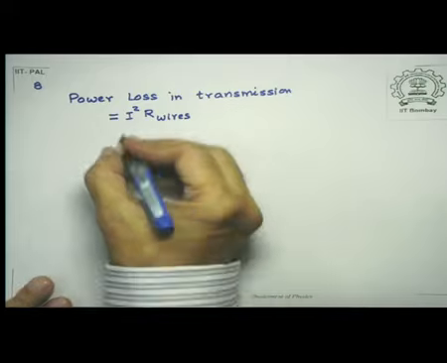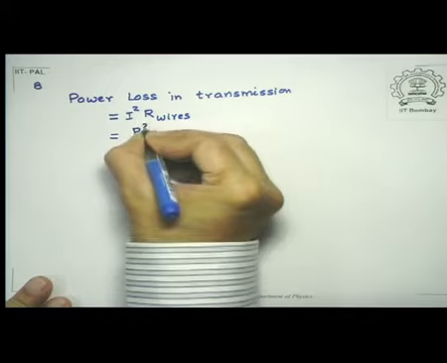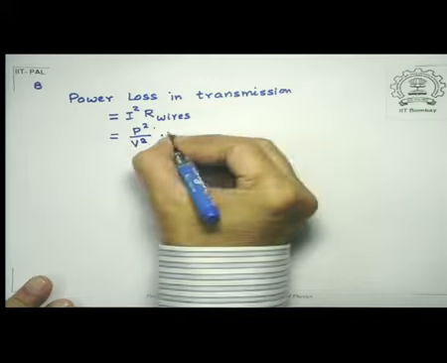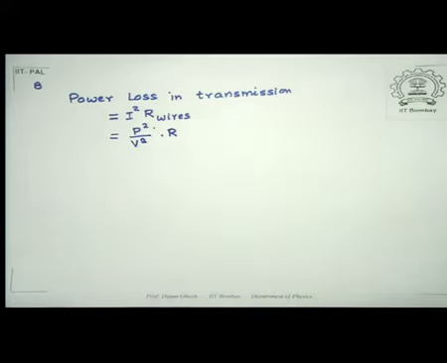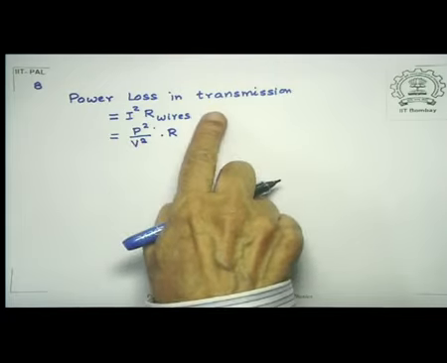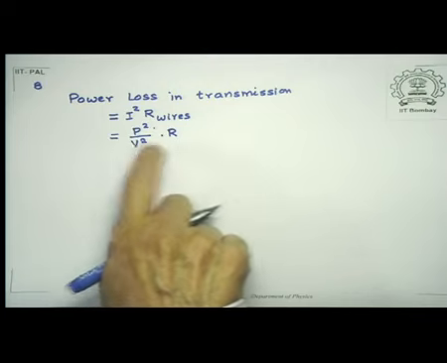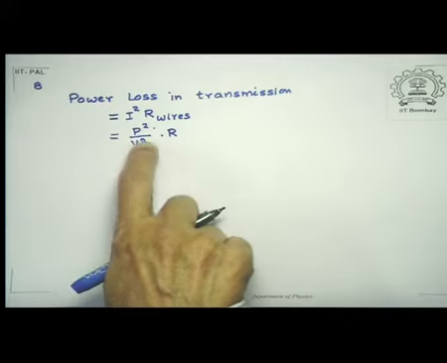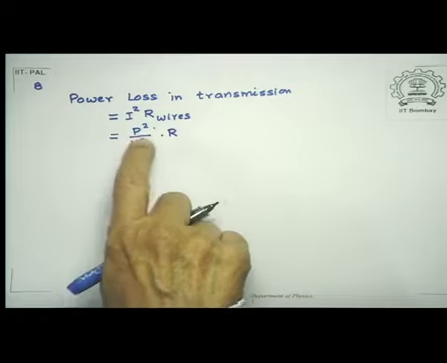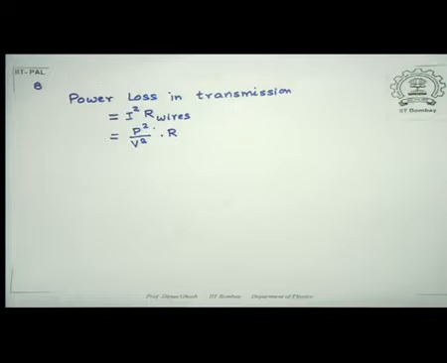So this is equal to P square over V square times R. So what happens is that if you want to reduce the power loss, you would like to transport it at very high voltage. Because if V is large, then the loss during transmission will be small.